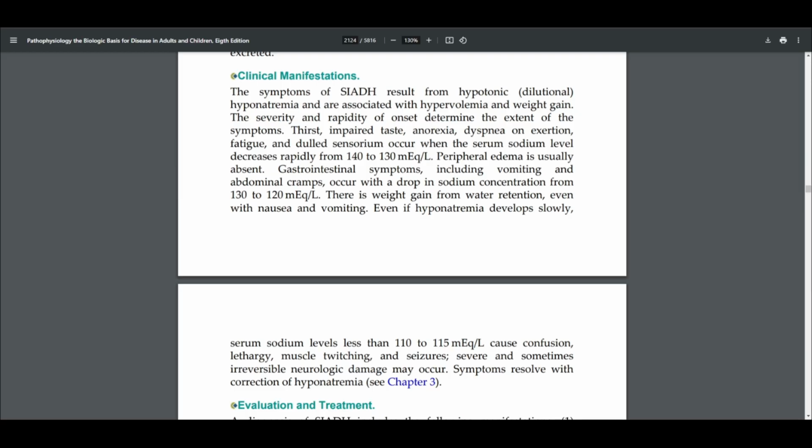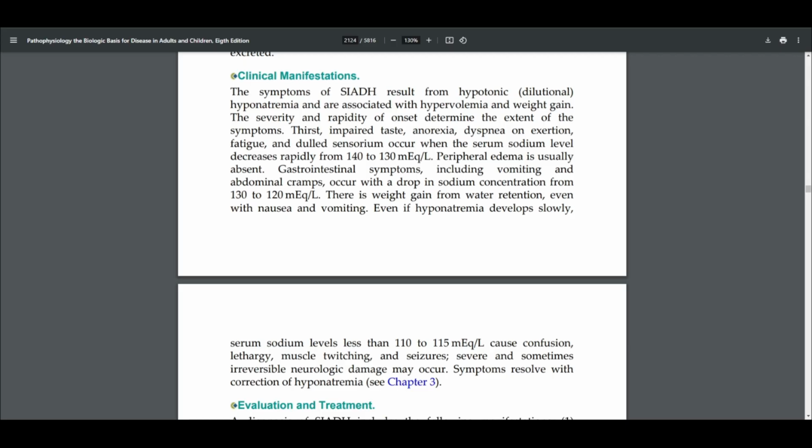The symptoms of SIADH result from hypotonic hyponatremia and are associated with hypervolemia and weight gain. The severity and rapidity of onset determine the extent of symptoms.